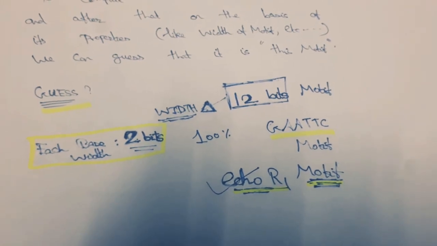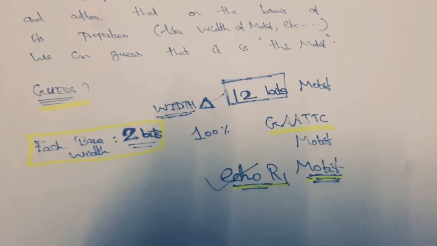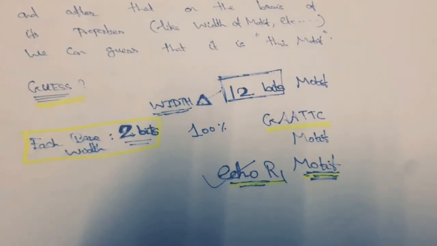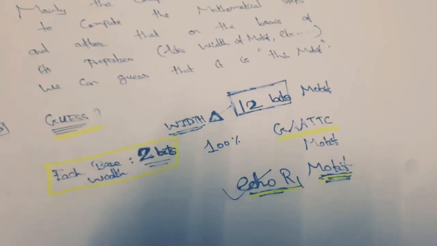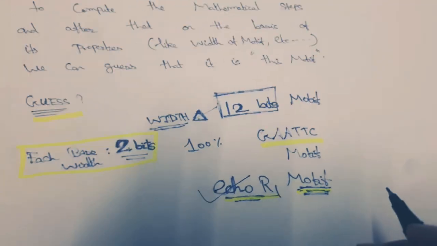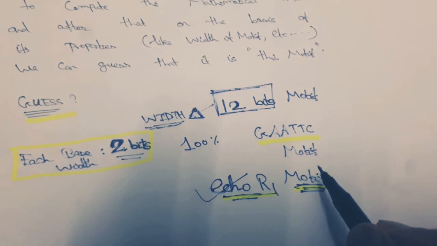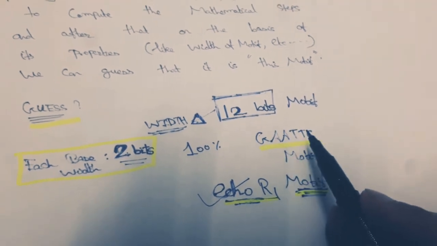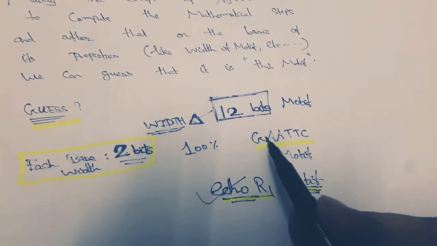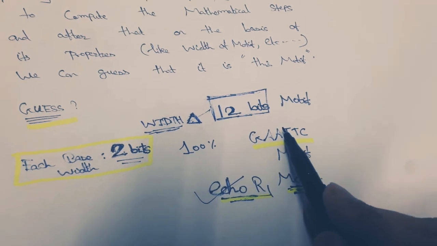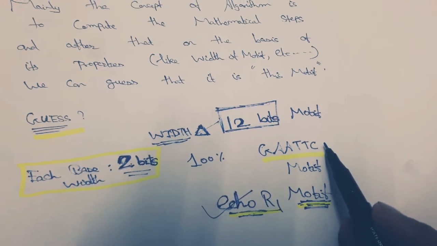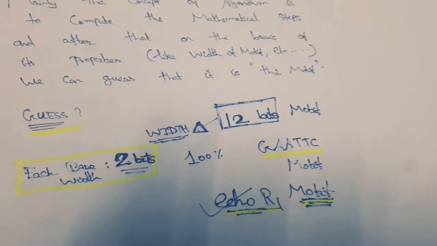But which 6? On the basis of practical analysis and properties of motifs, scientists find that it is a very strong and 100% EcoRI motif, which is GAATTC, that is guanine, adenine, adenine, thymine, thymine and cytosine.